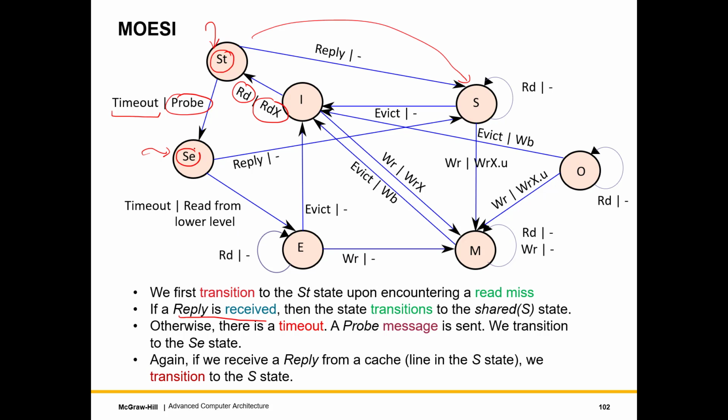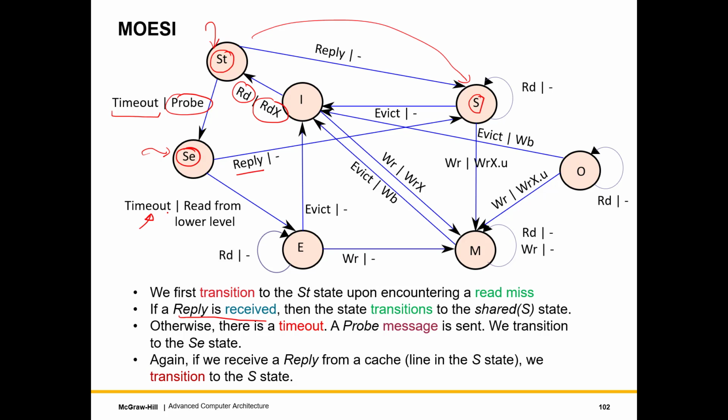So then we enter the SE state. We wait for a reply to the probe message. If we get a reply, which means one of the caches had it in the shared state, well, we are happy. So we transition to the S state and we resume our work.